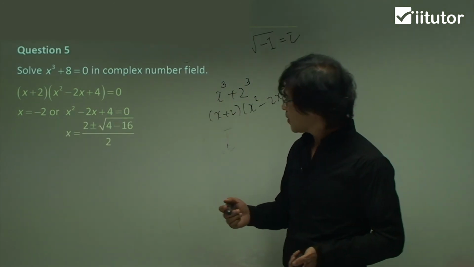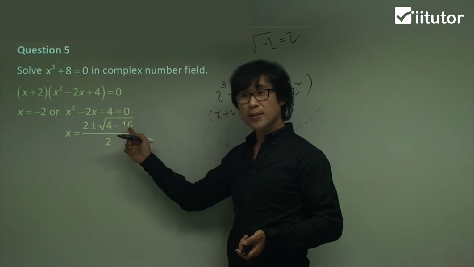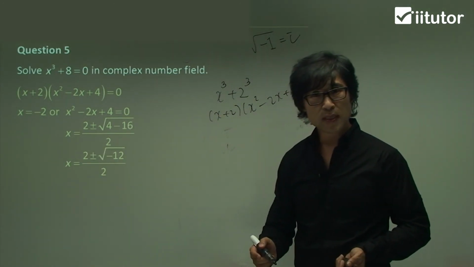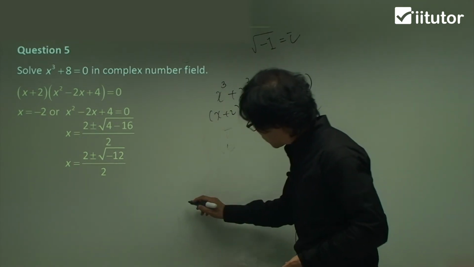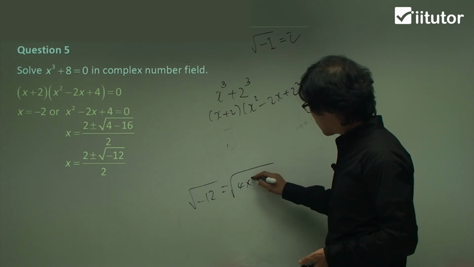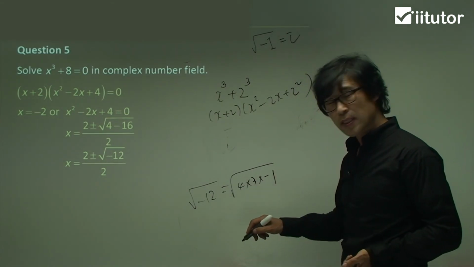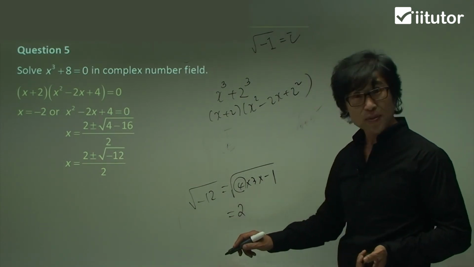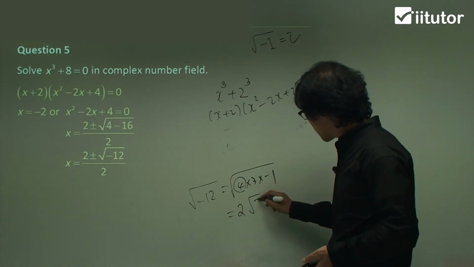Same thing. It comes out 4 minus 16. What is it? It is negative 12. So negative 12 equals 4 times 3 times negative 1. And the 4 becomes 2 outside of the square root. Then root 3.